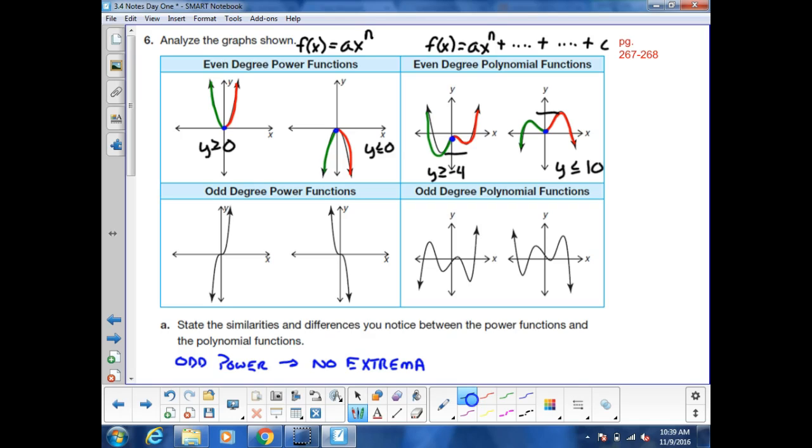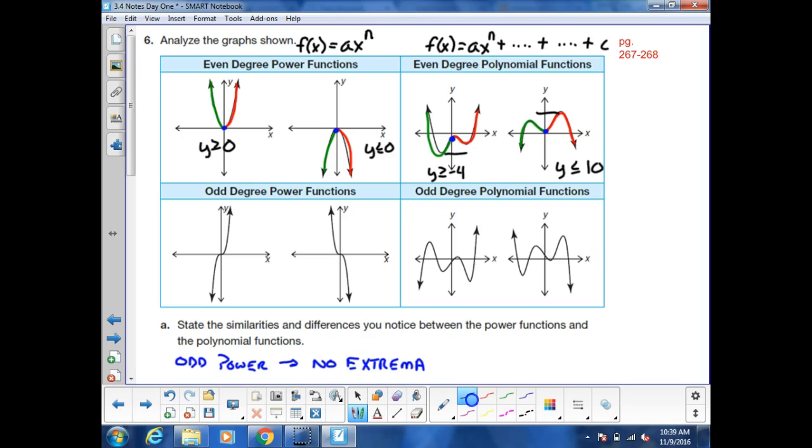Okay? An odd function. What's the domain of an odd function? All real numbers, right? It's on the negative side, it's on the positive side, it's at 0. What's the range of an odd function? Remember, odd functions go in opposite directions, right?